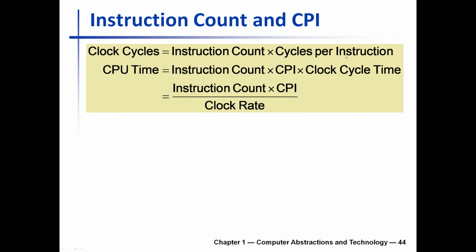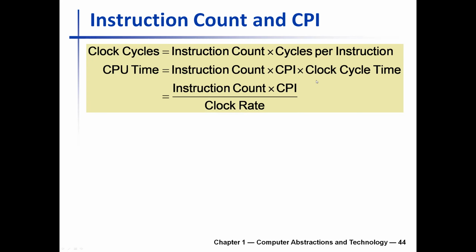On average, each instruction needs that many clock cycles, and we have this many instructions in the program, so in total we need that many clock cycles to complete the program. With that definition, we can update our CPU time definition, which was clock cycles times clock cycle time. So the number of instructions, CPI, and clock cycle time, all multiplied, give us CPU time.